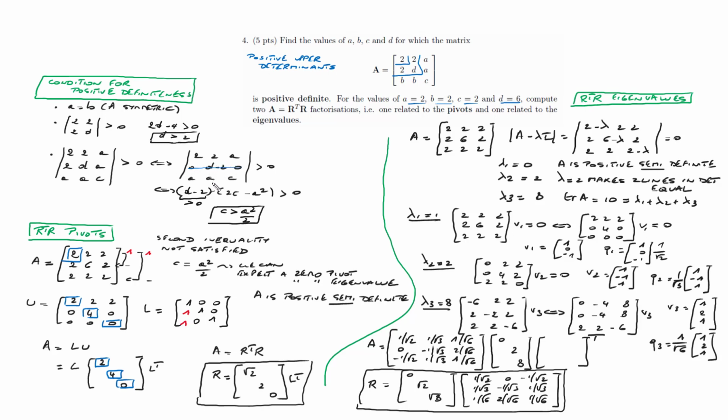But now it becomes very easy to compute the determinant, right? It's d minus 2, and then 2c minus a squared. d minus 2 is positive, so 2c minus a squared has to be positive as well. So c has to be larger than a squared over 2.